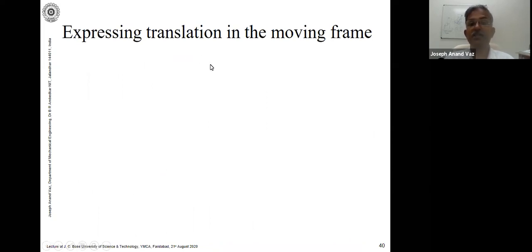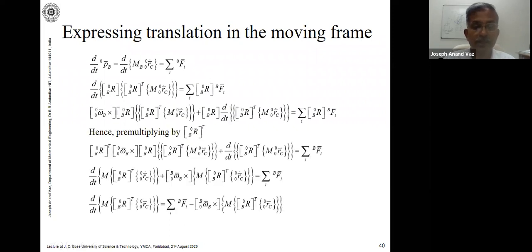Expressing translation in the moving frame also, you can have the rate at which this quantity changes.